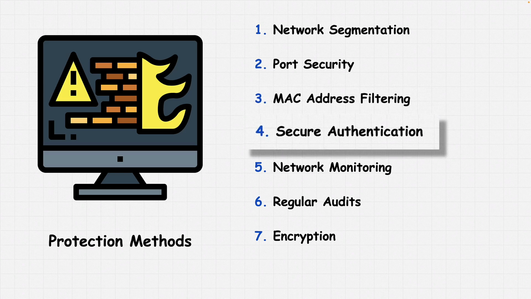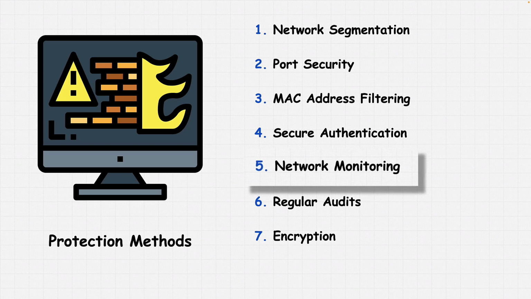You also want to use strong authentication, such as WPA3 for wireless networks, which rely on more than just MAC addresses in order to verify identity. You want to implement network monitoring and intrusion detection systems to identify unusual or unauthorized changes in MAC addresses on any network device.